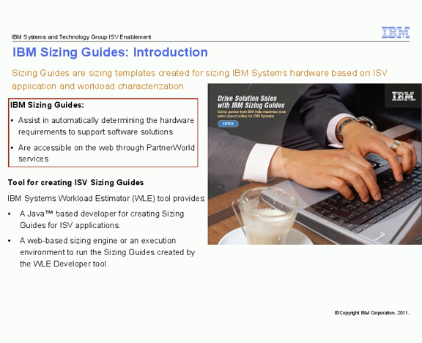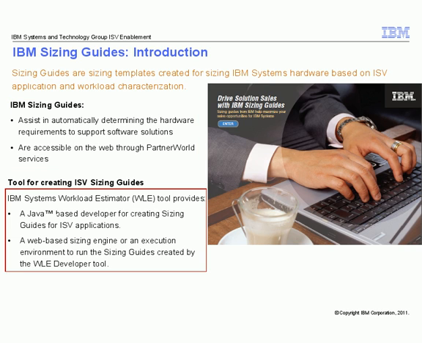This tool is accessible on the web through Partner World services to your Salesforce, customers, and business partners, thereby providing access to its hardware configuration recommendations. The IBM Sizing Guide includes a Java-based IBM Systems Workload Estimator developer tool for creating sizing guides for ISV applications.